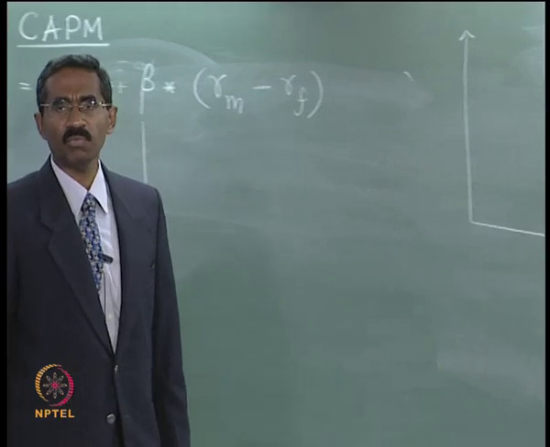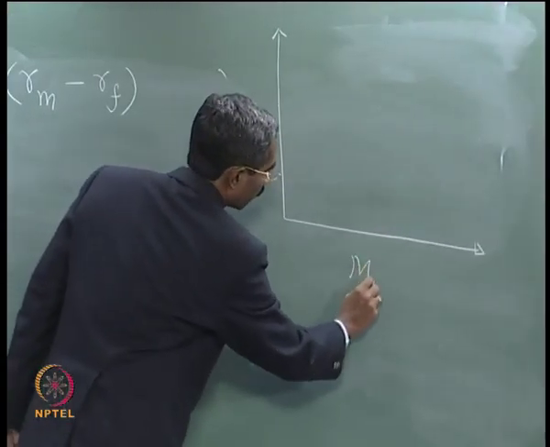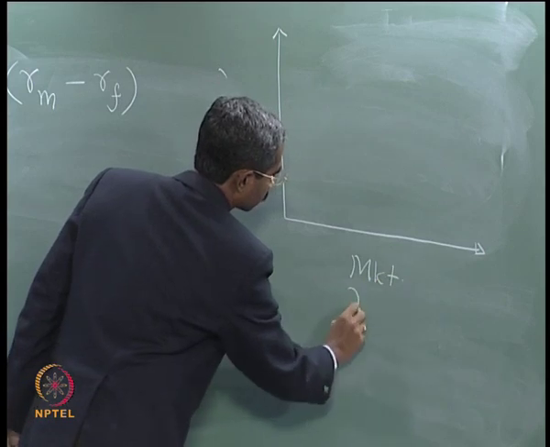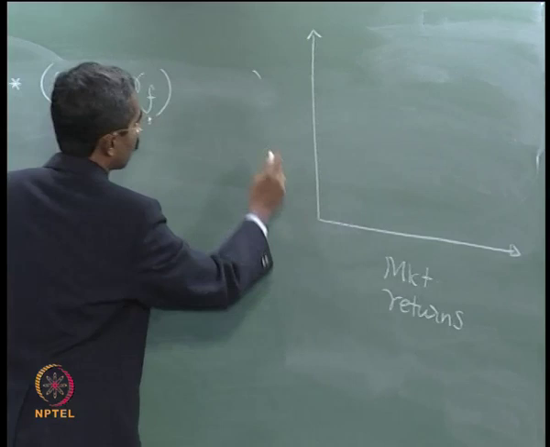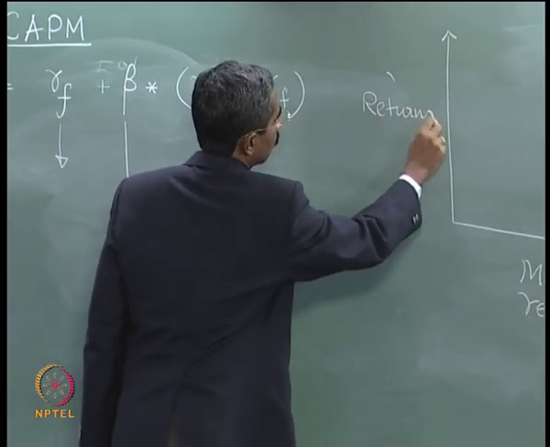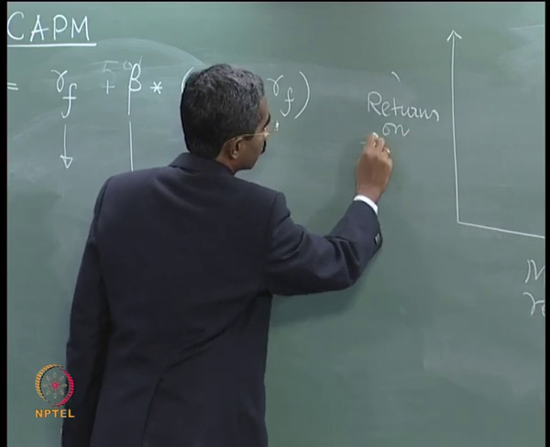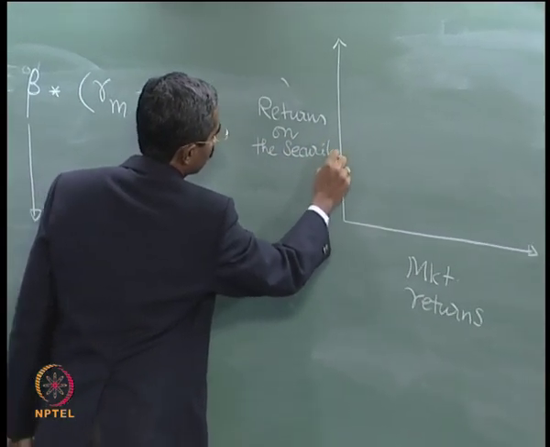So this is a graph where we try to capture the market returns and then the returns on the security that we are interested in.